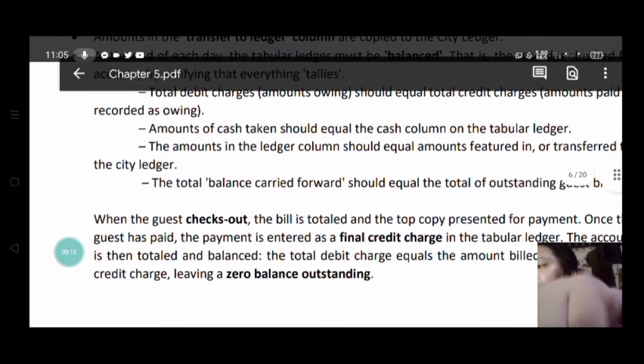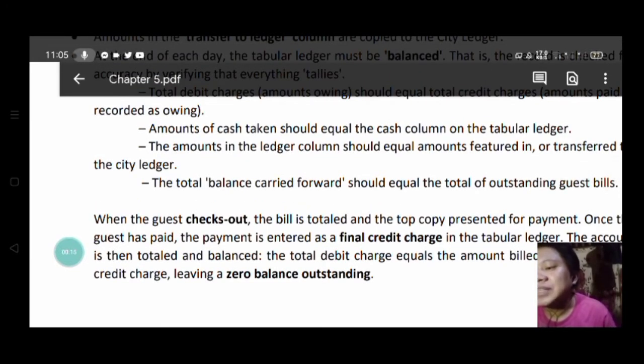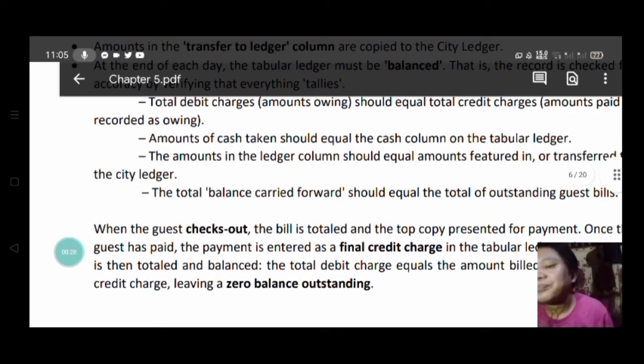So when copying a ledger to the city ledger, the staff should check it first before doing it to prevent events that might ruin such transactions. The hotel staff should make sure that both ledgers are equal.